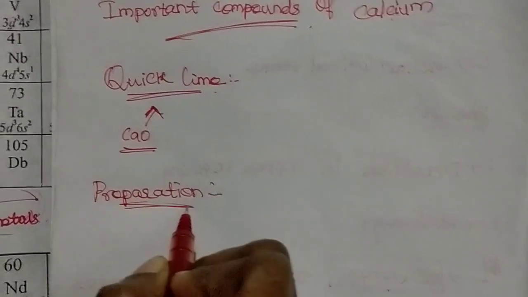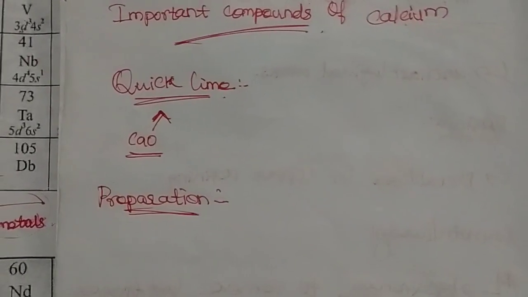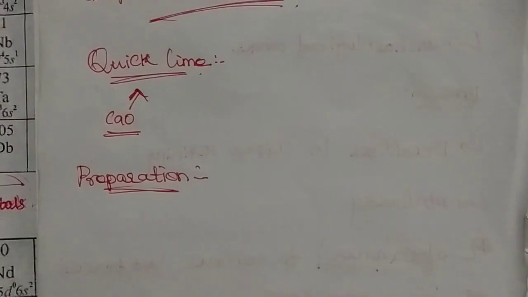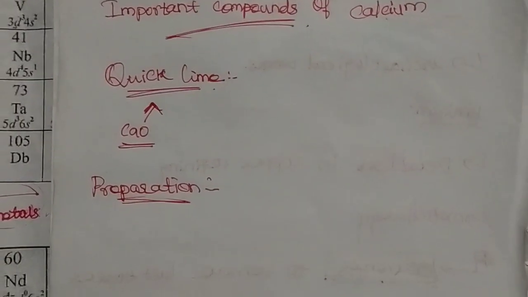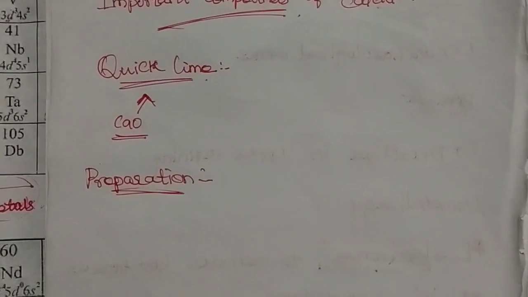As in the alkali metals, where we saw some important compounds of sodium, in the alkaline earth metals we are going to see some important compounds of calcium. The first compound is quicklime, with chemical formula CaO.